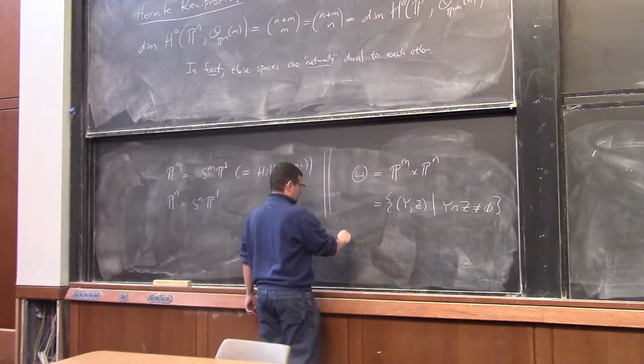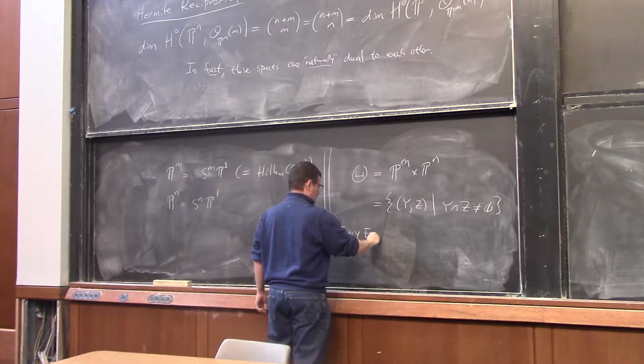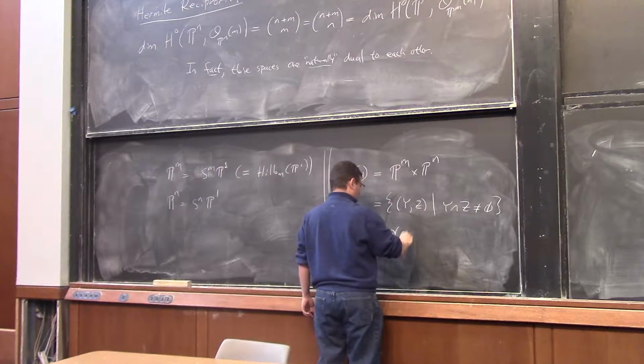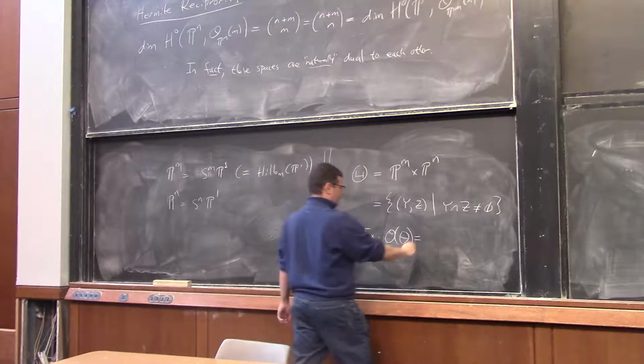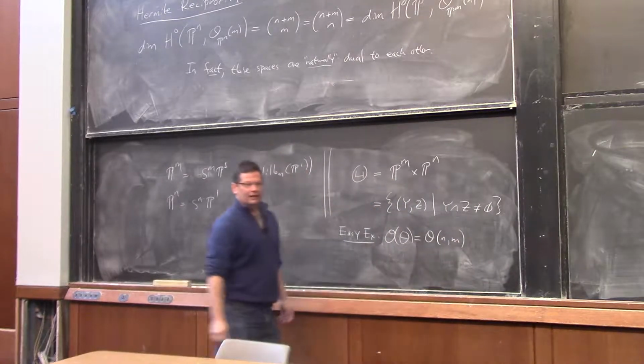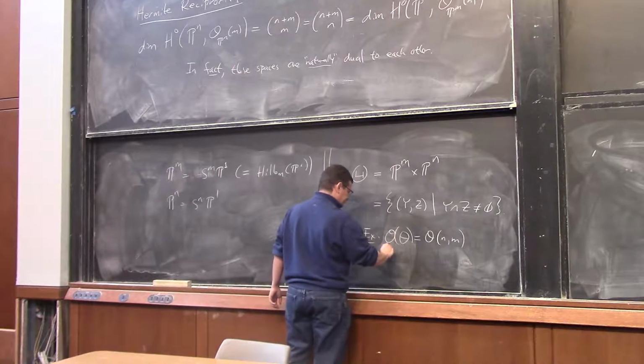In fact, an easy exercise would be to show that theta is a divisor of class, get this right, it's a bi-degree n, m line bundle on Pm cross Pn.